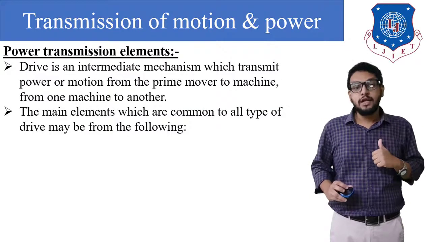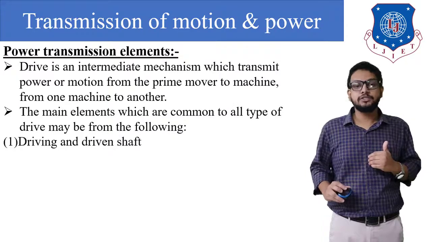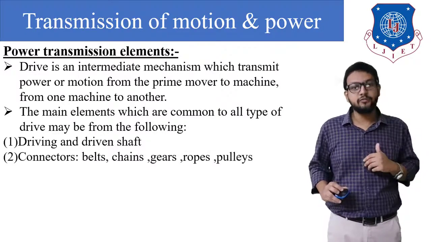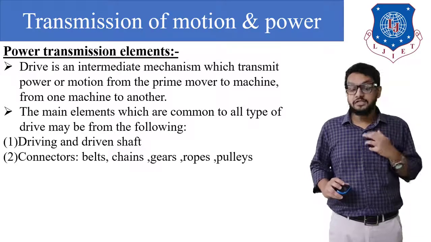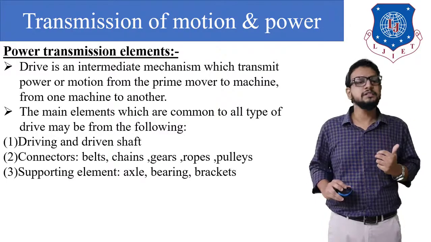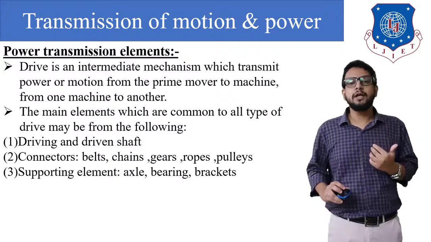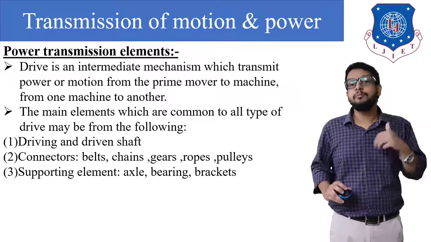The main elements which are common to all the types of drive are, first, driving and driven shaft. Second come connectors. Connectors are belts, chains, gears, ropes and pulleys. Third is a supporting element. Supporting elements mean axle, then bearing, then brackets.